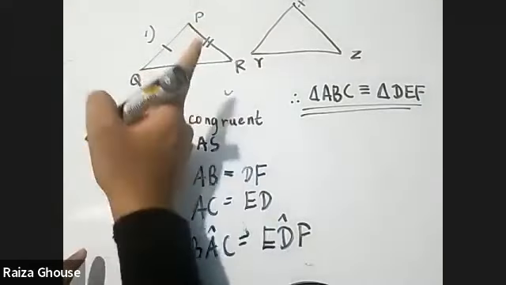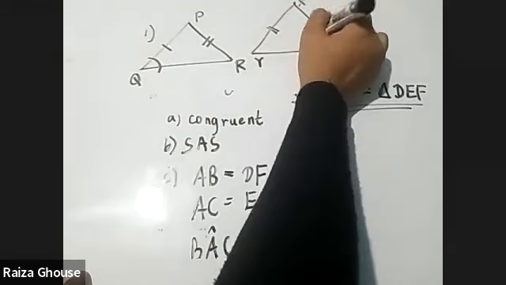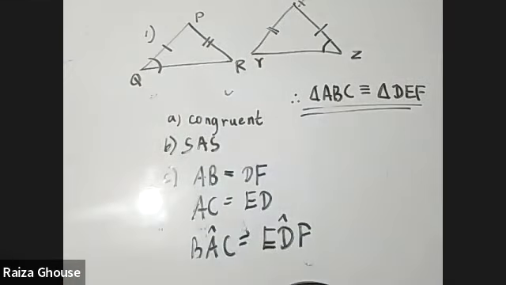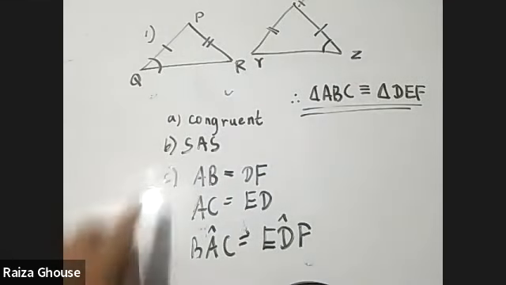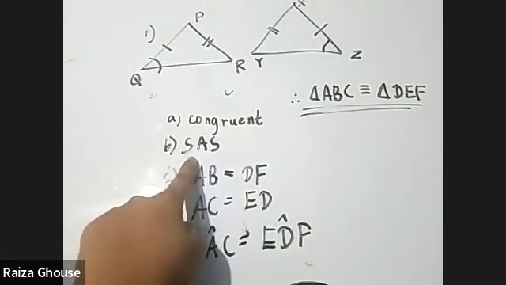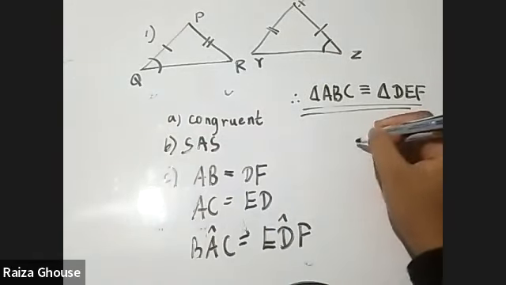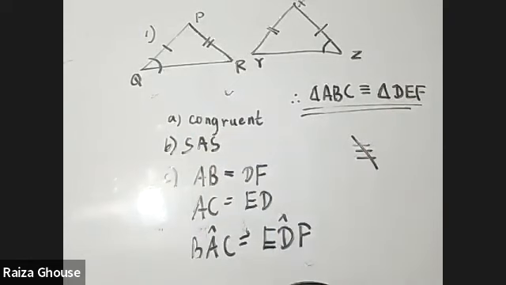Properly look which angle is represented in both the triangles. Now do this one. In your answer, I want you to write A, whether congruent or not. B, what is the rule? C, how do you prove? And then lastly, whether it's congruent or not. If it is not congruent, children, write it like this. Okay, start. Once you are done, tell me so that I can go for discussion.